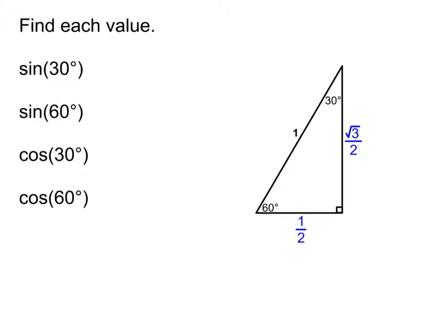Now, we also need to look at the 30, 60, and 90. And here we have to be a little bit more particular, because in the last one I referenced that, of course, we know that sine and cosine correlate to x and y, but we didn't need to know in that case which one was which, because they both were the same. In this case, though, we will need to know which one is which. So this goes back to something we took notes on yesterday.